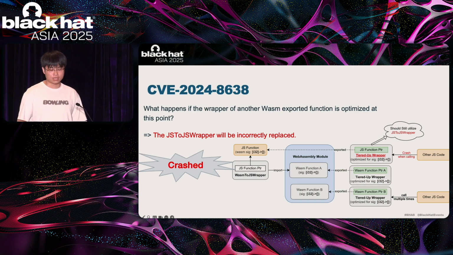It replaces all wrappers with matching signatures with the optimized wrapper. As a result, the function that was supposed to use the JS2JS wrapper is incorrectly replaced with a wrapper optimized for native WebAssembly functions. The crash happened because the optimized wrapper is specifically designed for converting JS types to WebAssembly types. However, in this case, it is mistakenly used for a JS2JS call, where the underlying handling logic is entirely different.